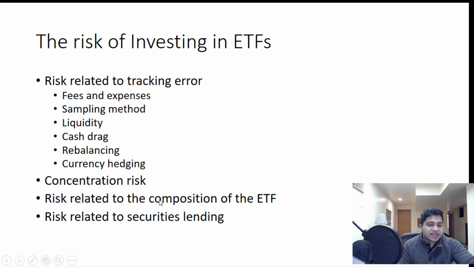Then there is risk related to the composition of the ETF. Composition can be physical based or derivative based. If it is derivative based and swaps are used to construct an ETF, then it becomes a problem, because swaps have counterparty risk.